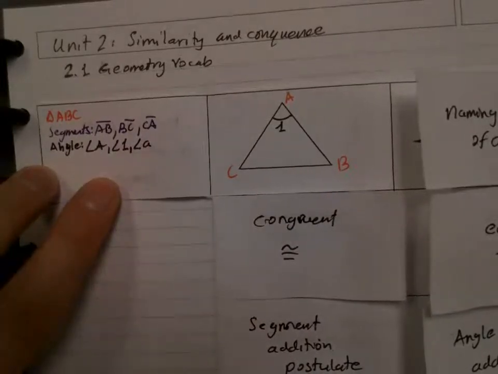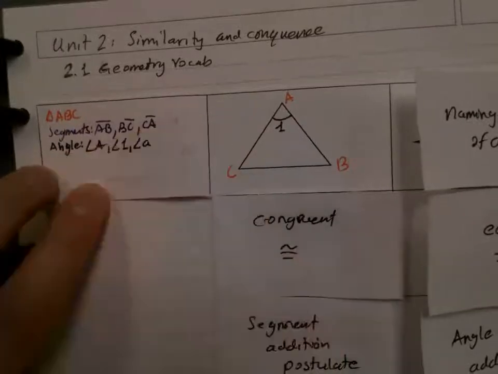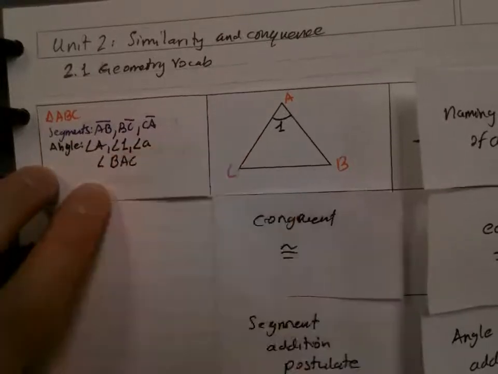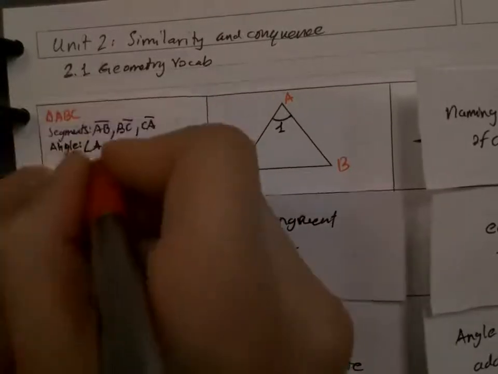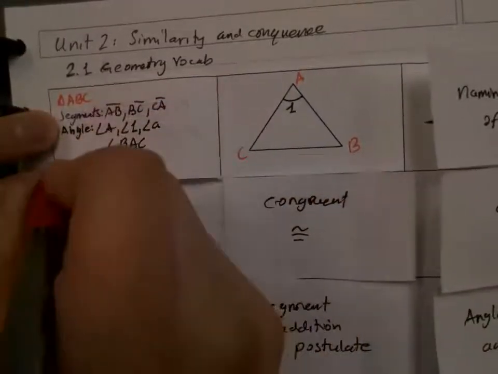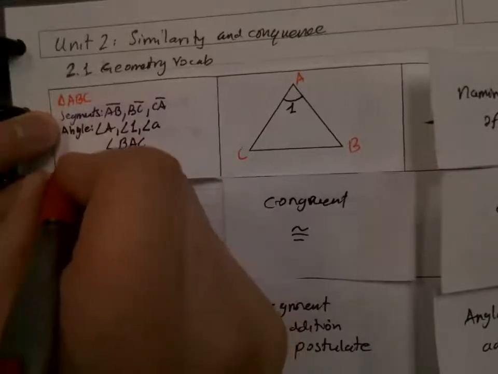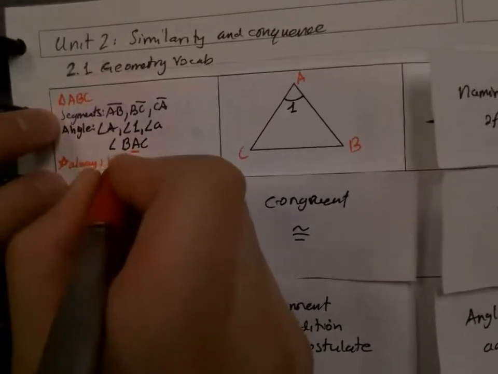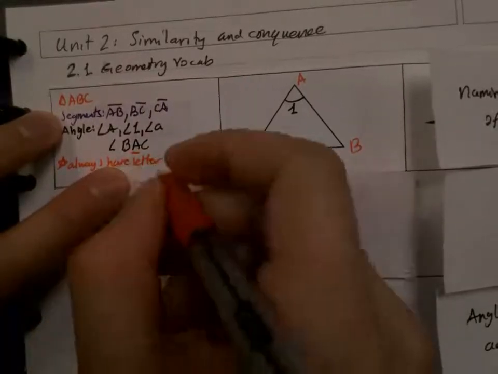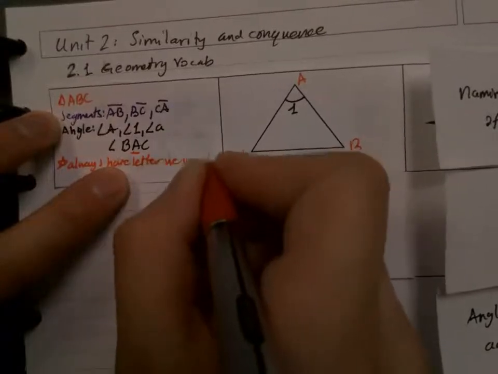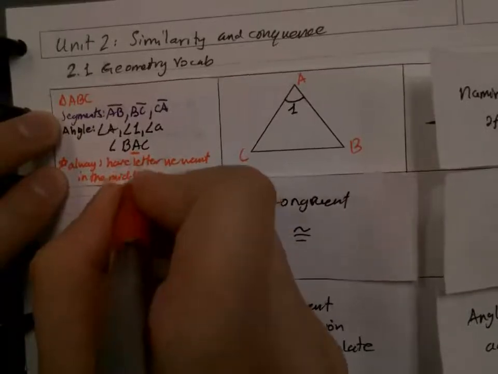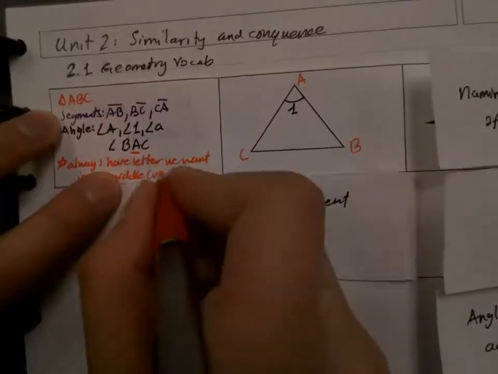You can also write an angle as angle BAC. And as I told you guys in class before, always have the letter we want in the middle for that angle, because it's the vertex.